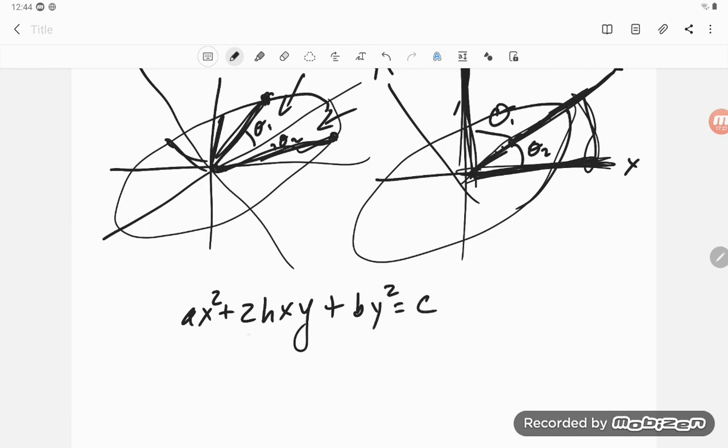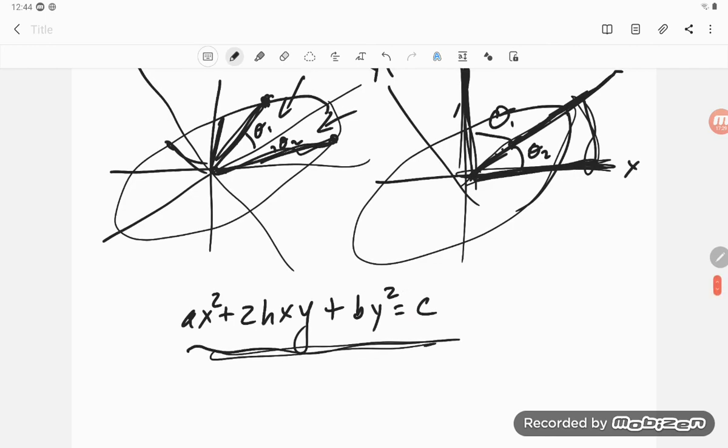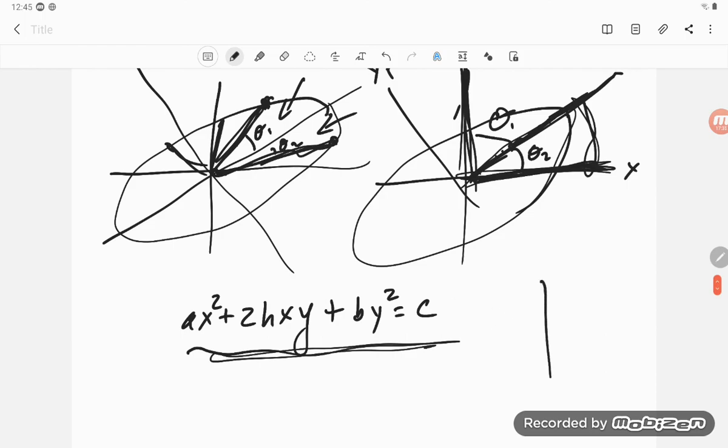I need to find a way to figure out how this is oriented on my usual xy coordinate system, so that then I can figure out what the new axes, x1 and y1, are. Okay, so that's the deal. That's why we're interested in pursuing this problem.